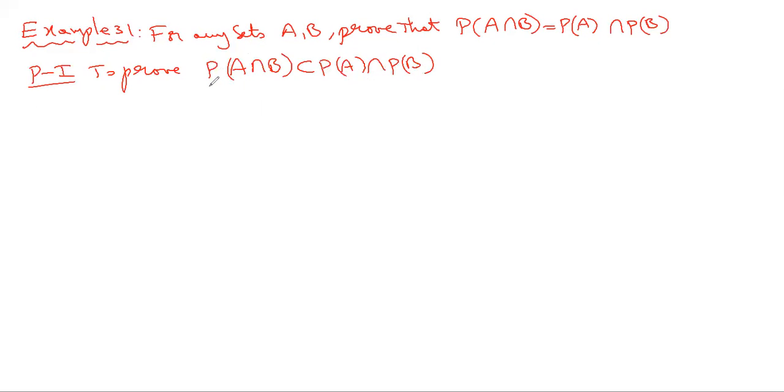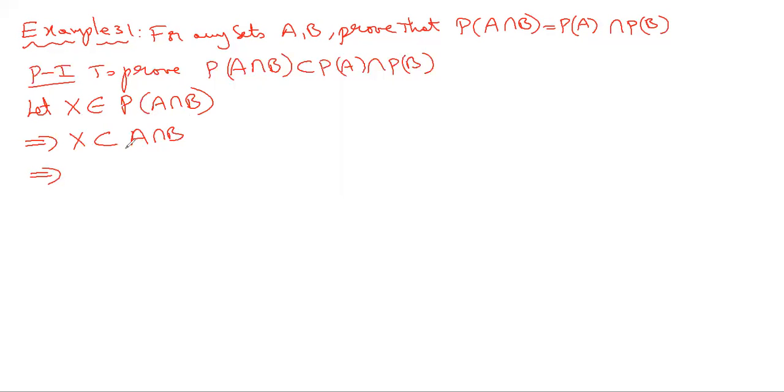Because the first set is the power set, the elements of it are subsets of A intersection B. As we have clarity that the set is a power set and the elements of it are sets, instead of taking small x, we take capital X. Let X belong to P of A intersection B. According to the definition of power set, which contains all the subsets of the set, X must be a subset of A intersection B.